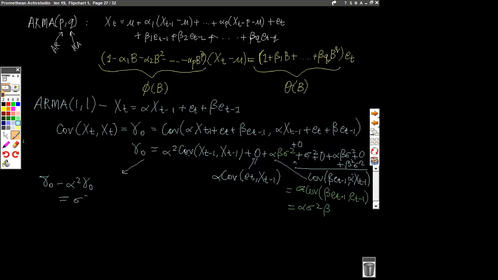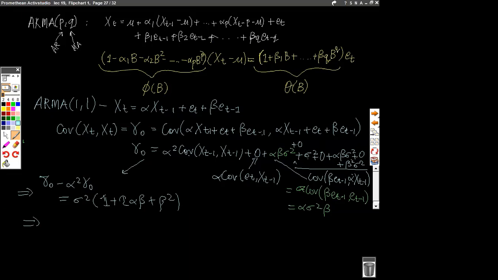So I have 1 sigma square which I can take as common, and I will have 1 plus 2 alpha beta plus beta square, right?